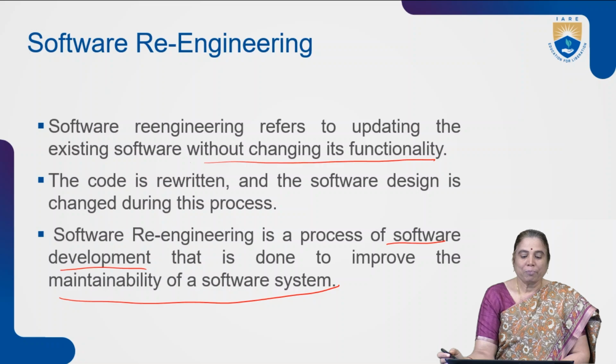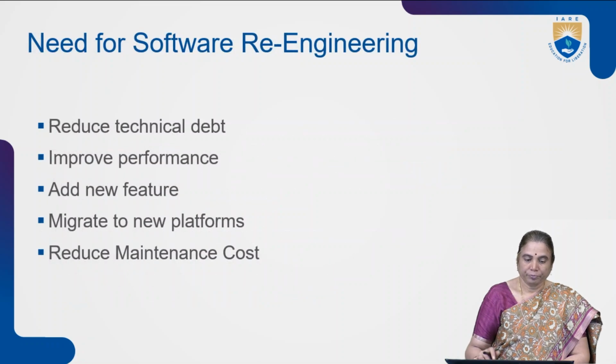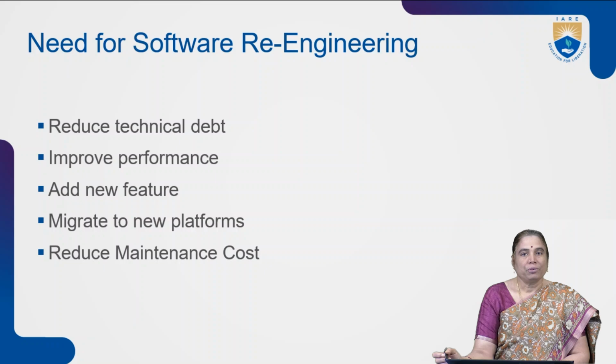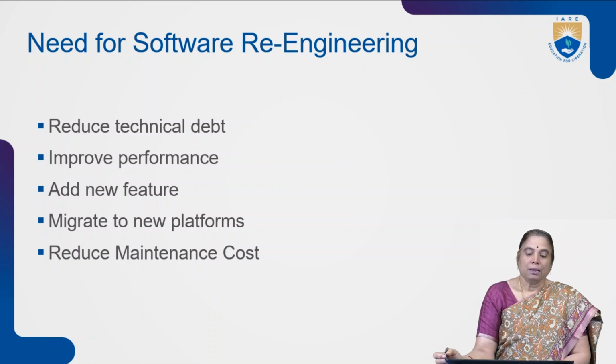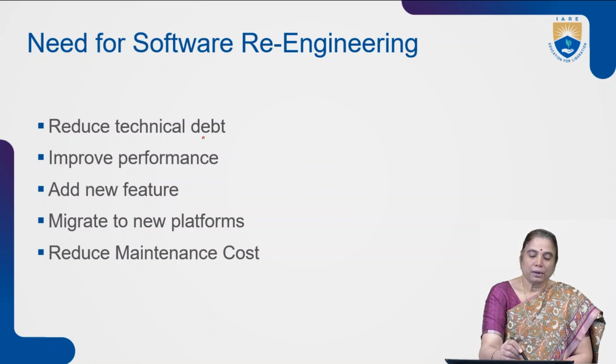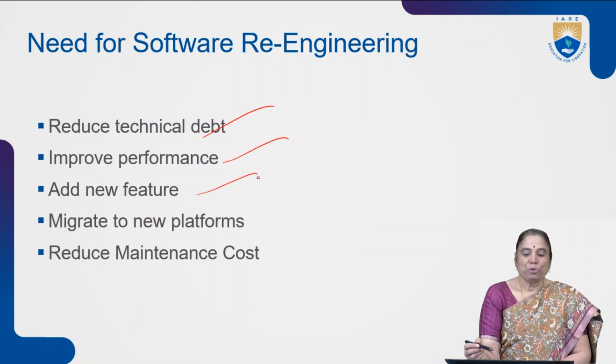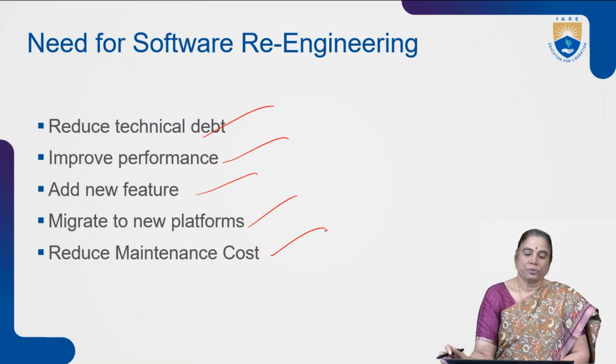To improve the maintainability of the software system, the software re-engineering process is used. The need for software re-engineering: reduce the technical debt, improve the performance, add new features, migrate to new platforms, reduce maintenance cost.